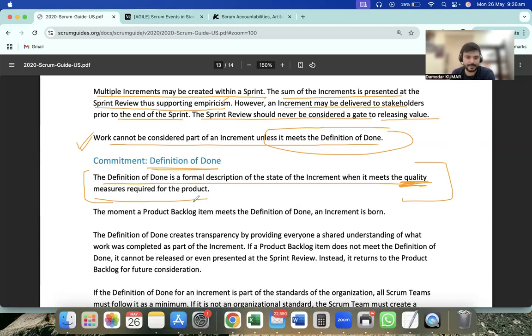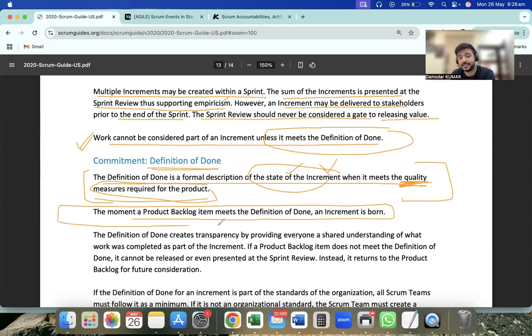So simply, the definition of done is a formal description of the state of the increment, here the sign in and sign up, when it meets the quality measures required for the product. The moment a product backlog item meets the definition of done, an increment is born, right?